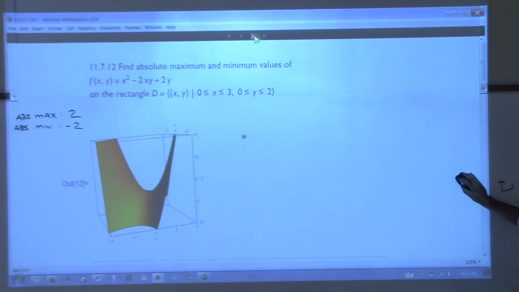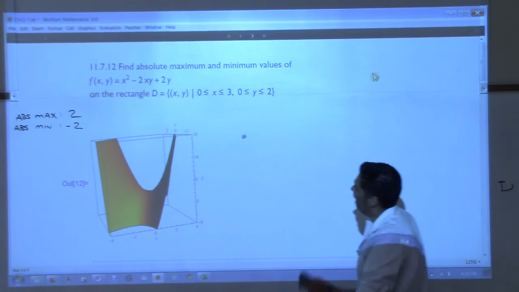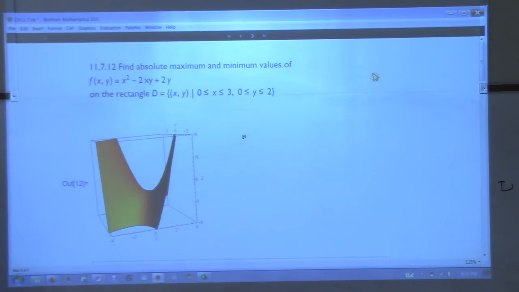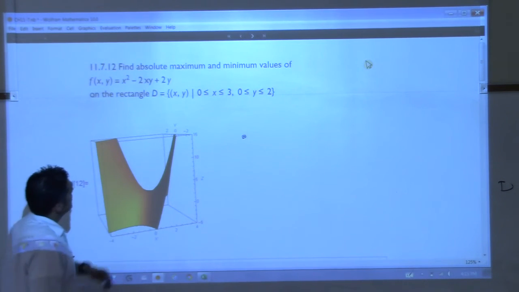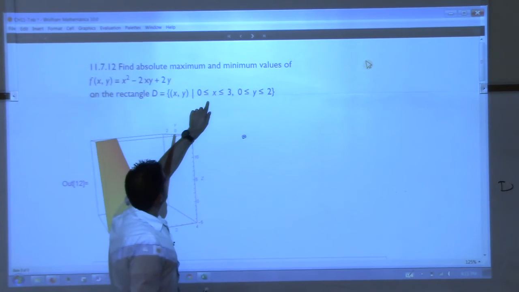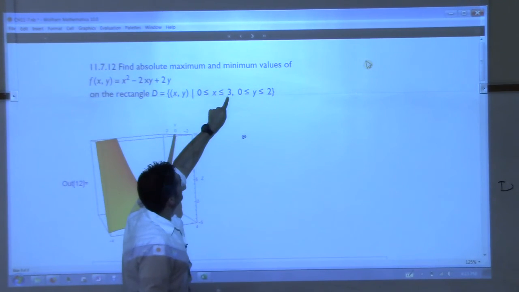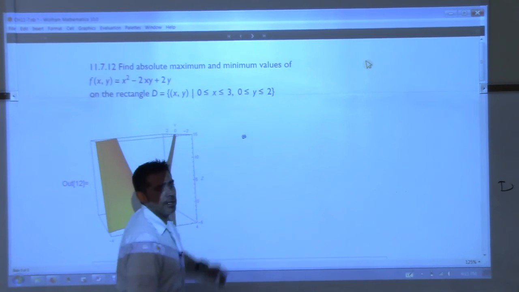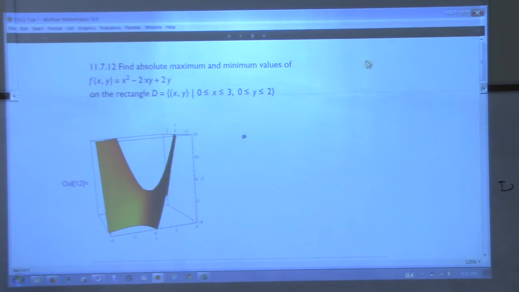So here's another one. Find the absolute maximum and minimum values of this function on the rectangle D equals. This is a type of notation we use. We're saying D is the set of all points where x is between 0 and 3, including 0 and 3, and y is between 0 and 2, including 0 and 2.